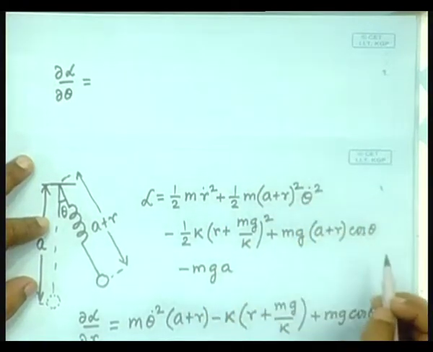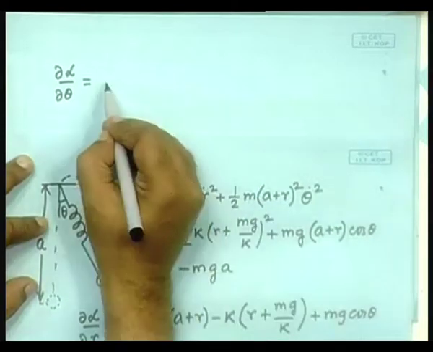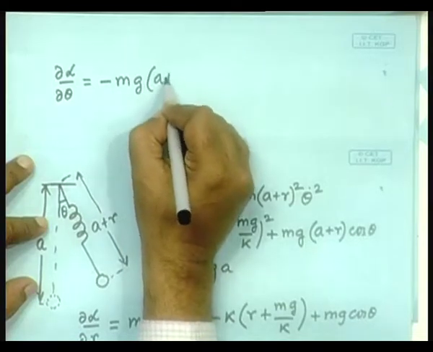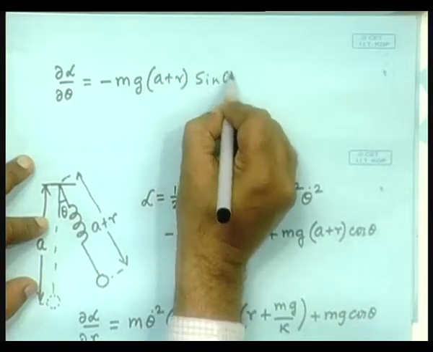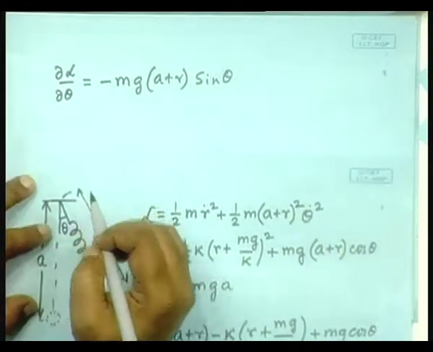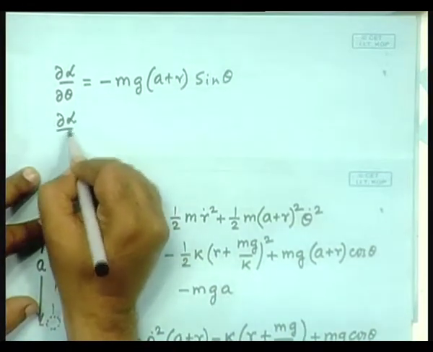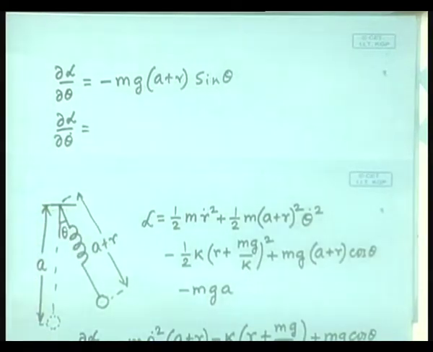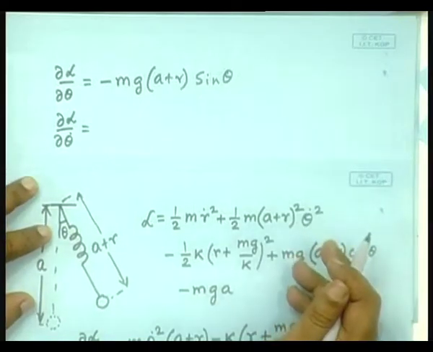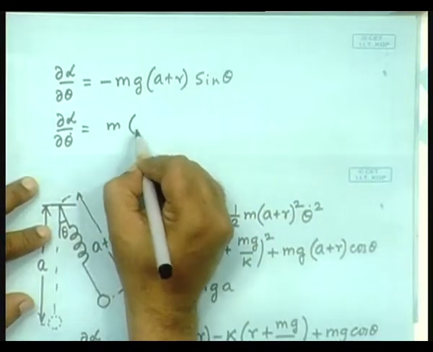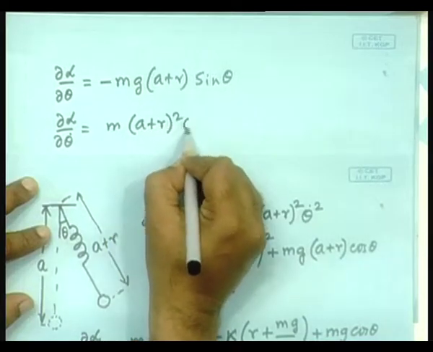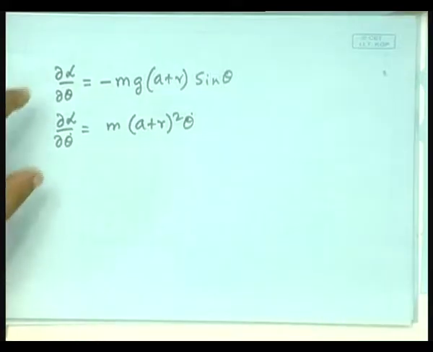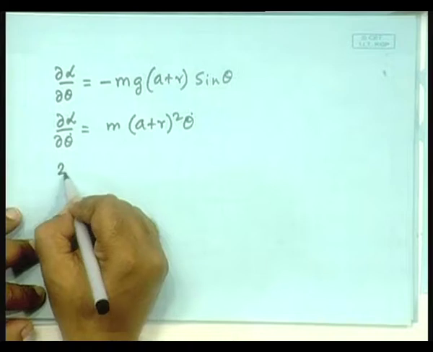It would be, yeah, minus, because cos to sine, m g (a plus r) sin theta, that does it. Then this term is theta dot, tell me what will remain? Yeah, simple. Okay.